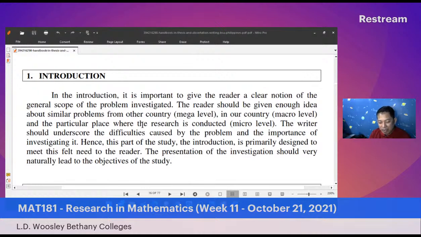However, we might decide whether you just polish your research proposal for the time or continue pursuing a full-blown research, because we still consider the time. I don't want this to be a burden to you, extended until the second semester. So when the first semester stops, the requirement also will be stopped as well, as far as research in mathematics is concerned.